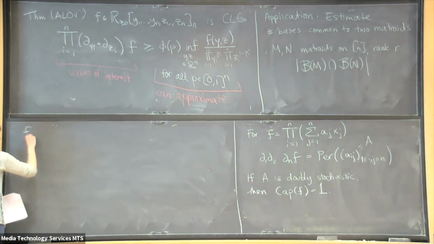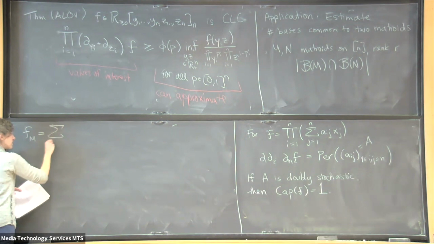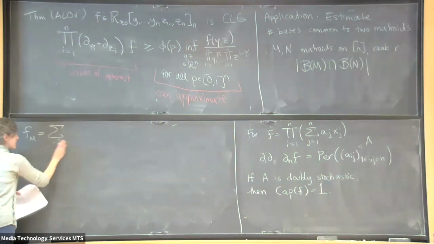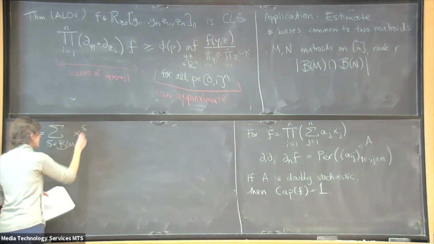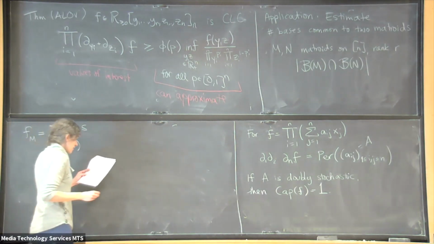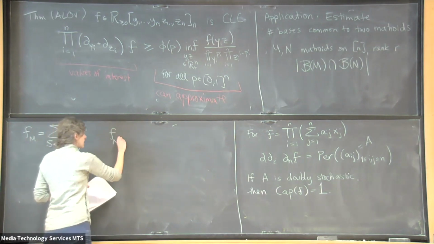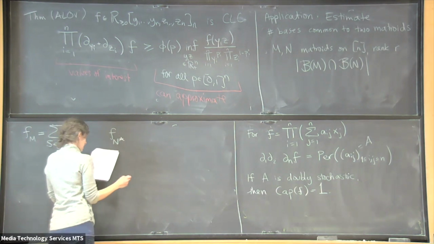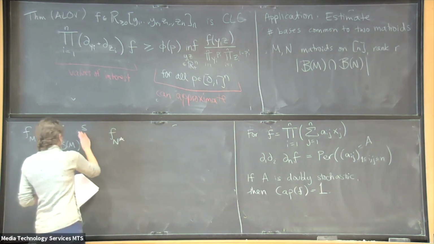Suppose I took the two matroid polynomials, summed over the bases of M, x^S. In fact, I want to do something slightly more complicated with the other one.